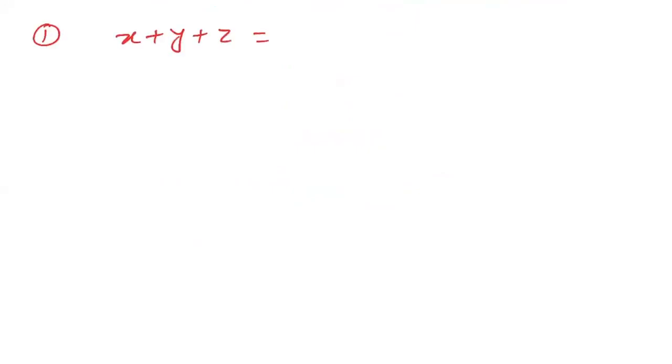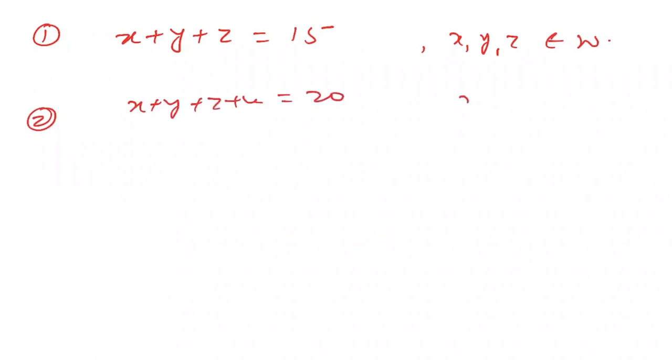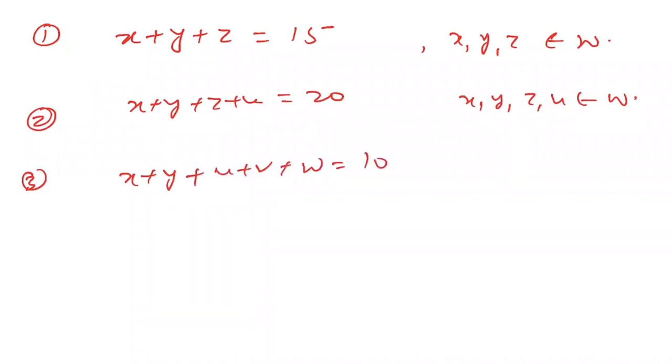X plus Y plus Z is equal to 15, X, Y, Z must be whole numbers. All three, right? Directly, we can write down the answer, I guess.